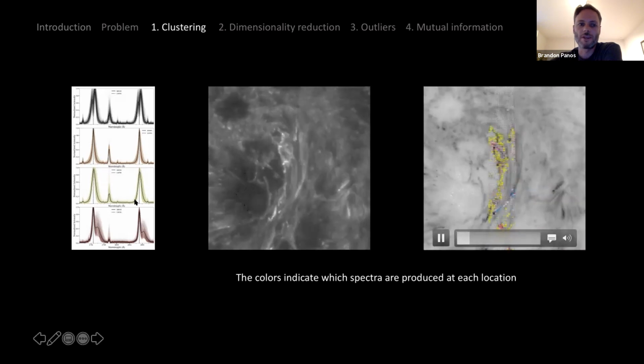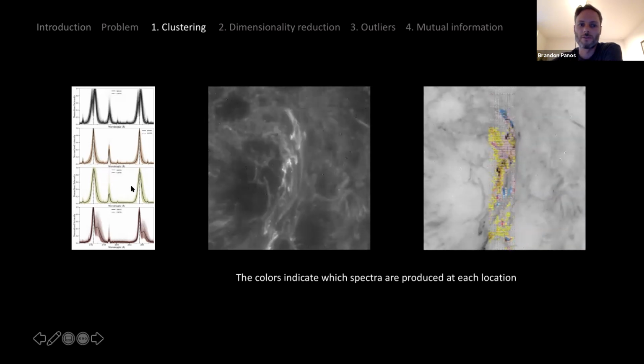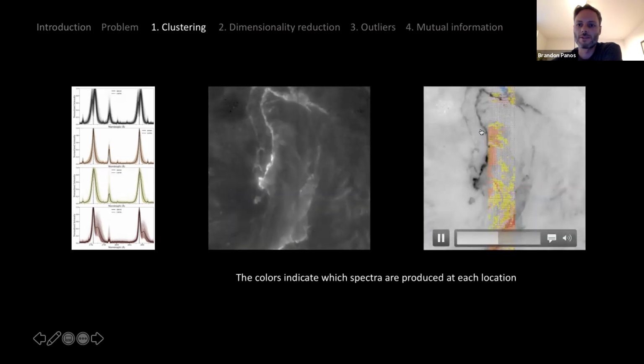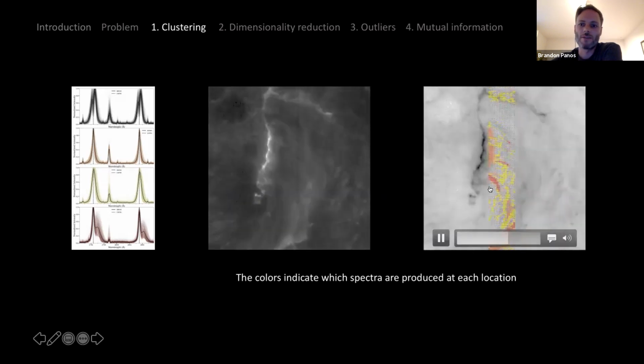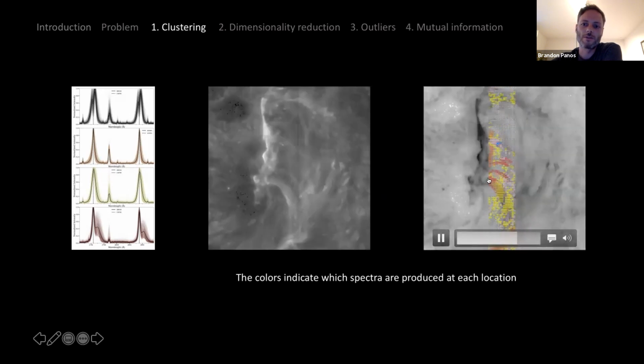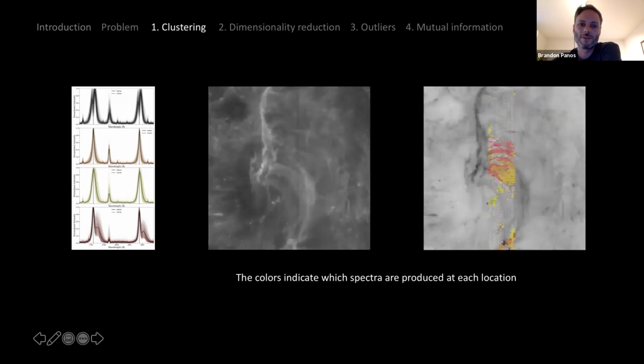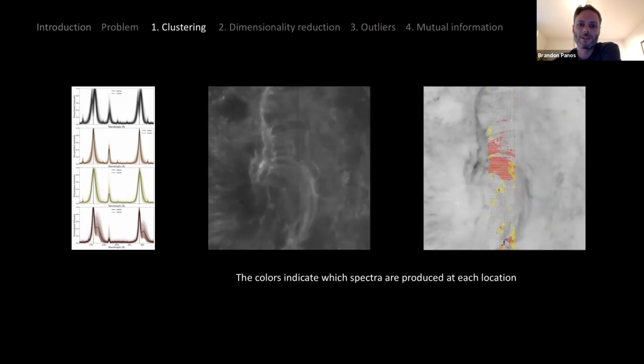So the yellow over here corresponds to these spectra. The black is on the flare ribbon, this energetic place. And the red over here, you can see it flowing down to the surface of the sun. So although this seems very simple, performing a vector quantization really allows us to start looking at the statistics on the sun.